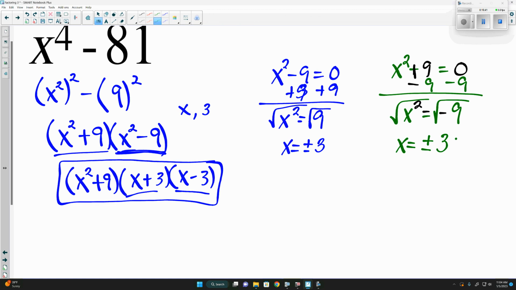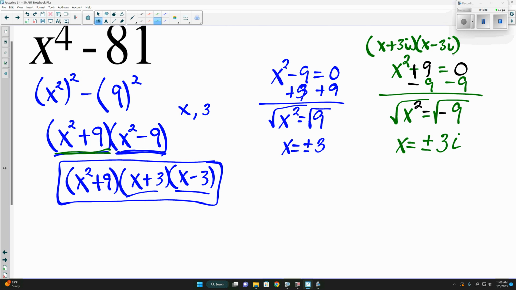But because we have a negative inside, it is 3i. Do we have real solutions for that part? No. So that means the x squared plus 9 isn't factorable, because we only factor with real numbers. Because if we were to factor this, it would be x plus 3i times x minus 3i. We almost have to solve it and then work our way backwards to get there. Does that kind of make sense? So when we have the plus, we can't factor it past that.